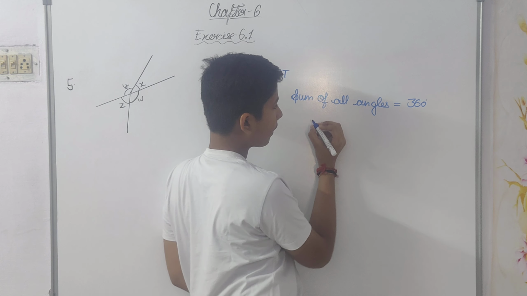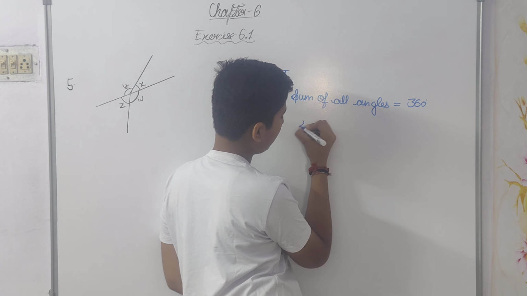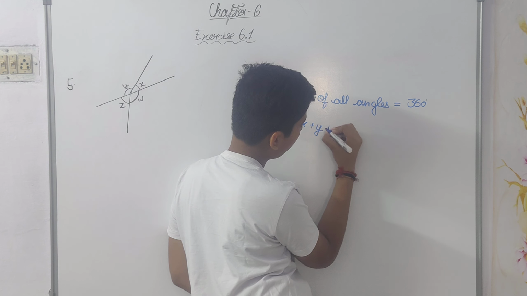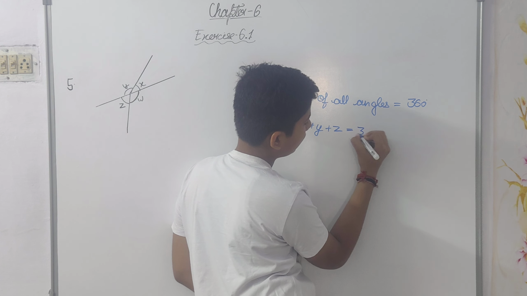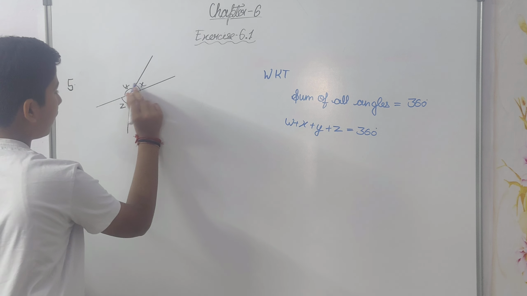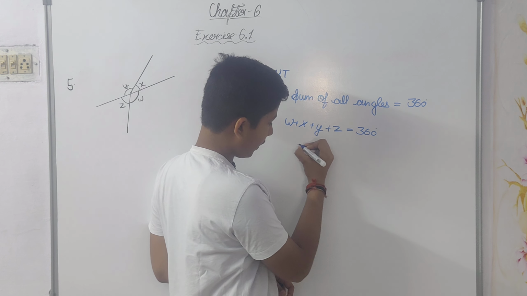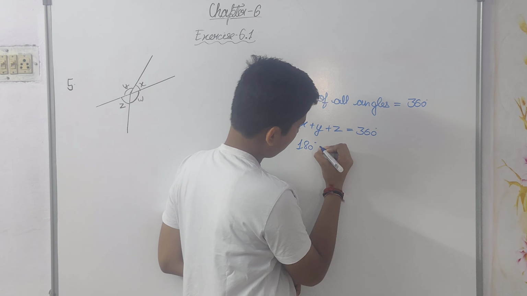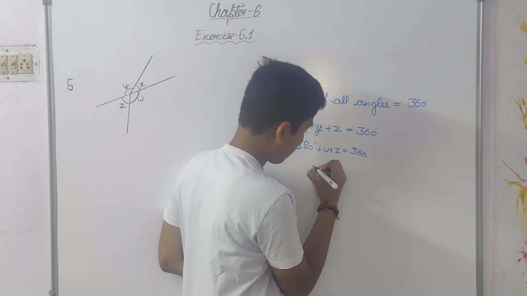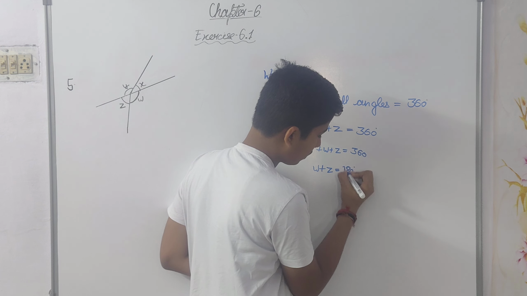Now sum of all angles means x plus y plus w plus z equals 360 degrees. See, we know that x and y make 180 degrees. So x plus y we can write as 180 degrees. So w plus z is 180 degrees.